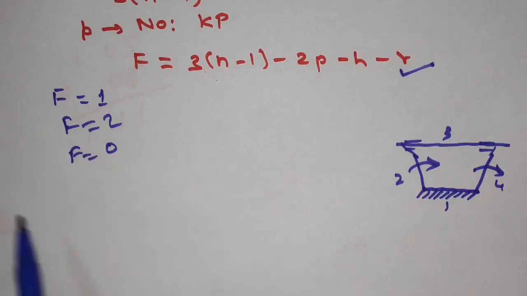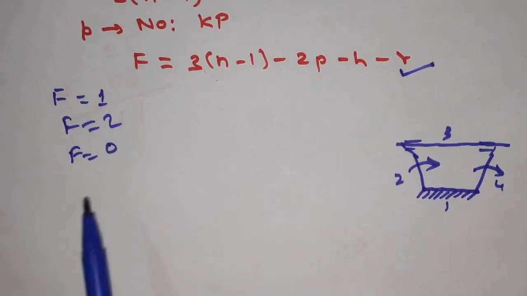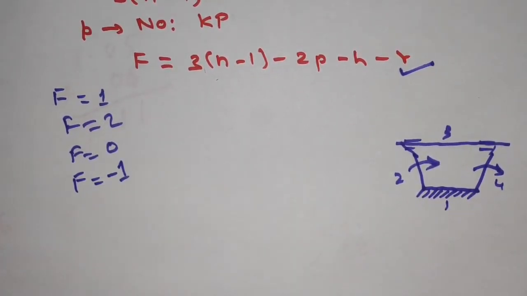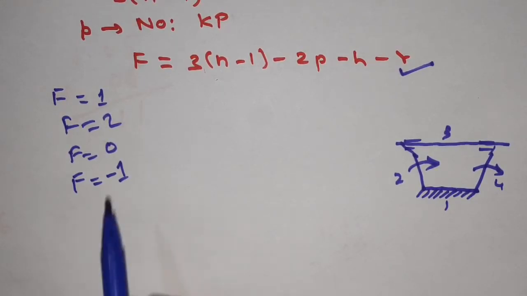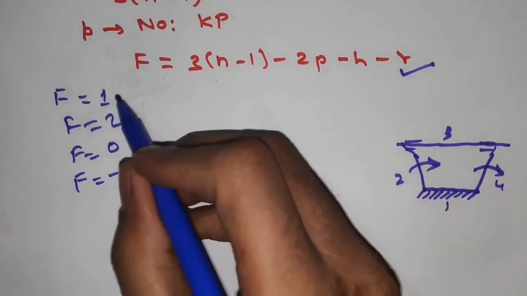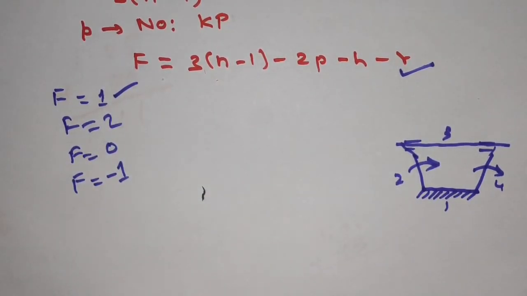That is, there are no degrees of freedom. So F will be 0 for a structure. If F comes negative, then we call it an indeterminate structure. Negative means it can be -1 or still lesser than that. Such an assembly of linkages is called an indeterminate structure. Most mechanisms have a single degree of freedom, that is F is equal to 1.